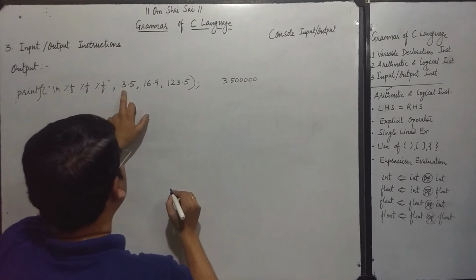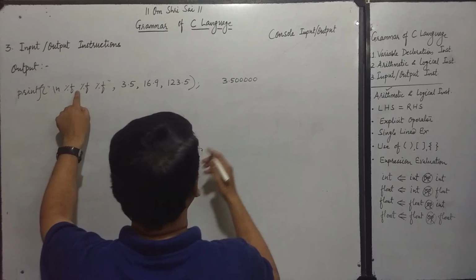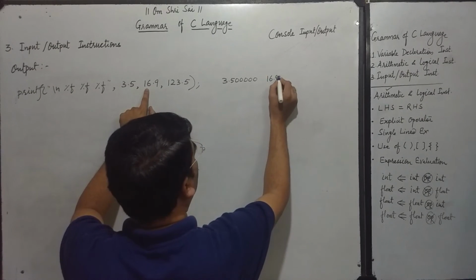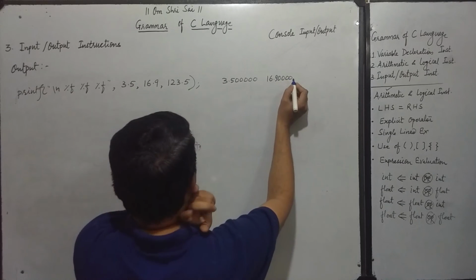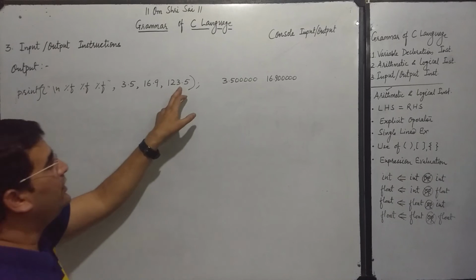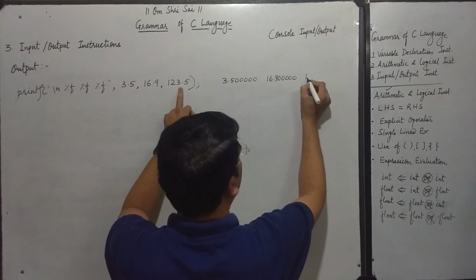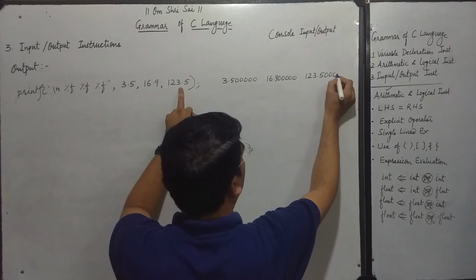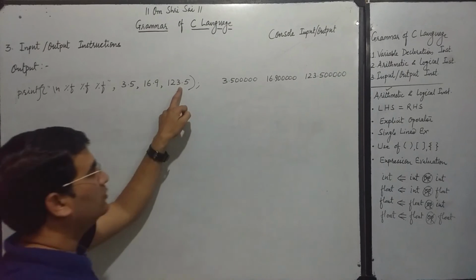This is 6-digit precision. Then space 16.9, and then after one space 123.5. This will be the output.